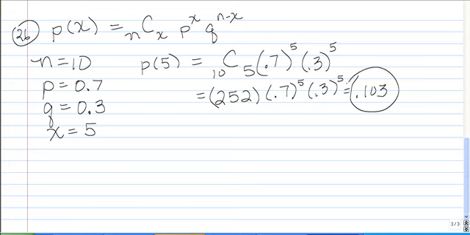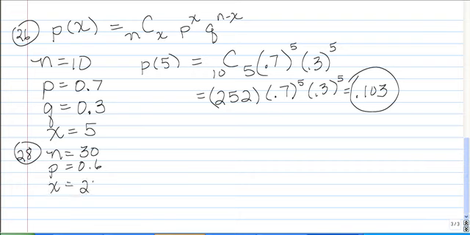Okay, and let's do 28. Using the same formula, this time n is 30, p is 0.6, and x is 22.